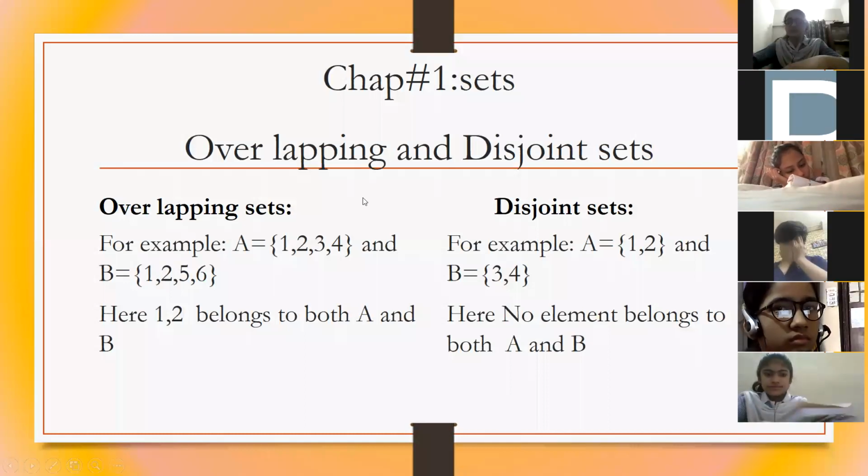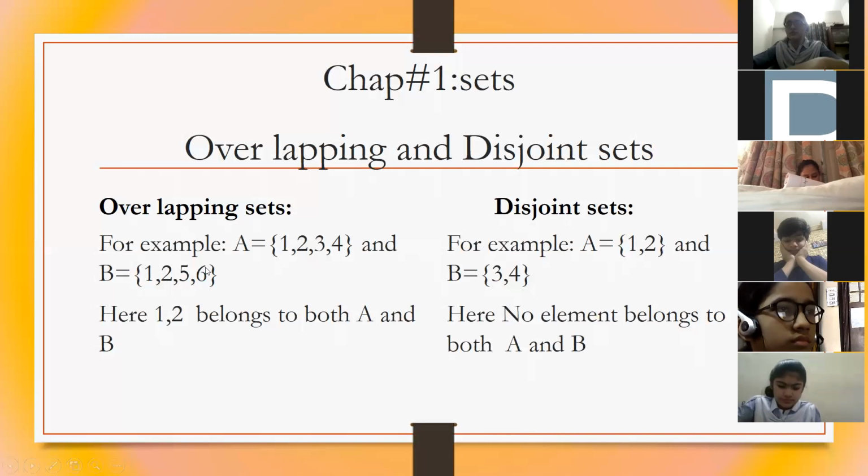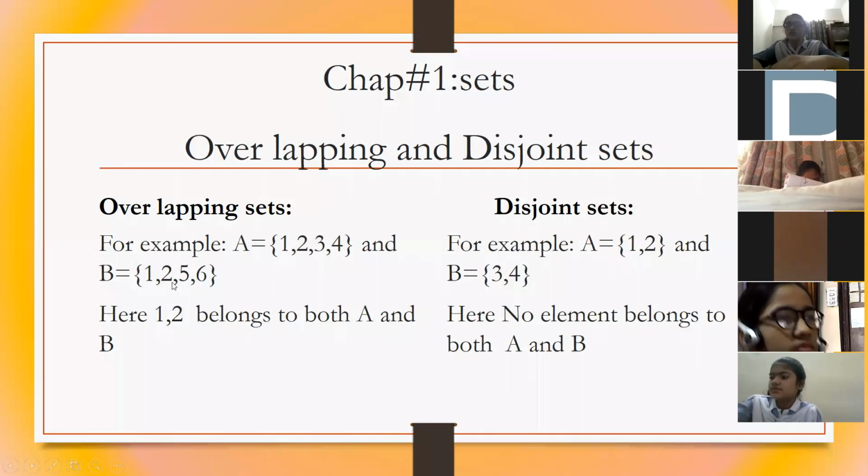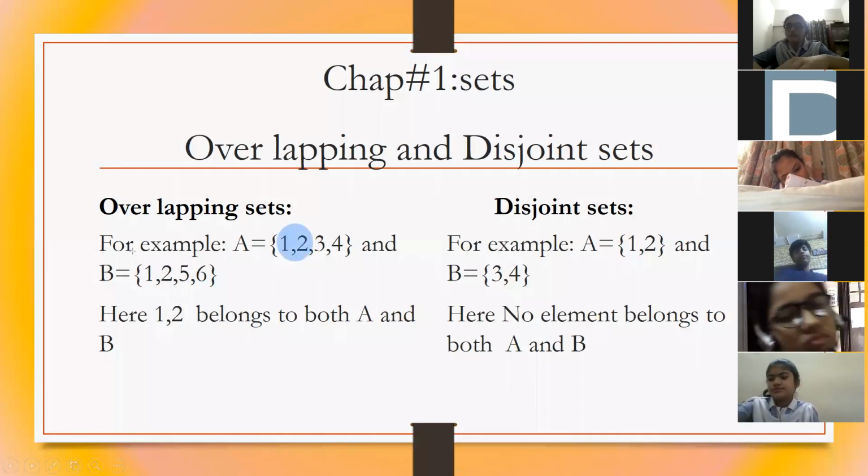Now, students, what are overlapping and disjoint set? Overlapping. For example, A contains the element 1, 2, 3, 4 and B containing 1, 2, 5, 6. Okay. Here we can see that a set A and B containing the element in which 2 elements are common. 2 elements, what I'm saying.